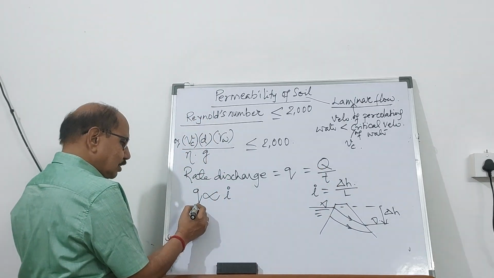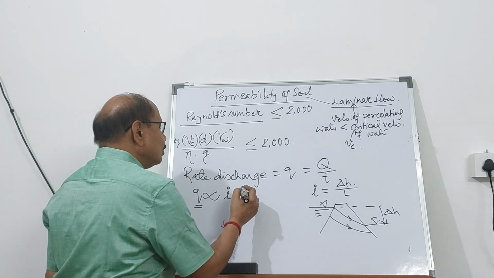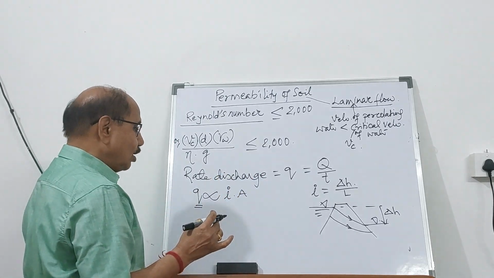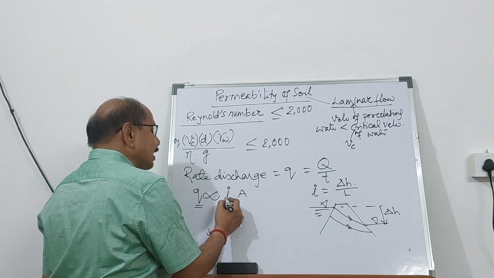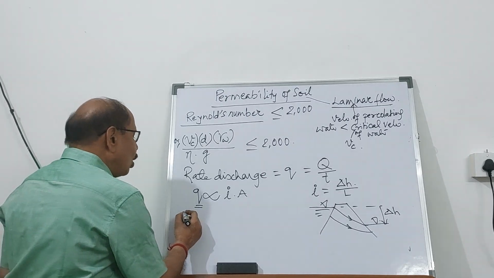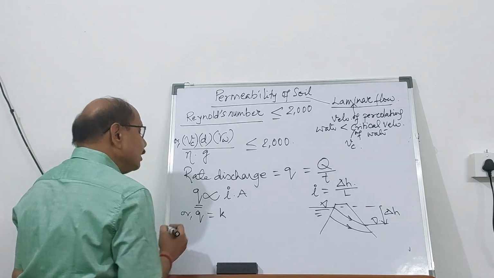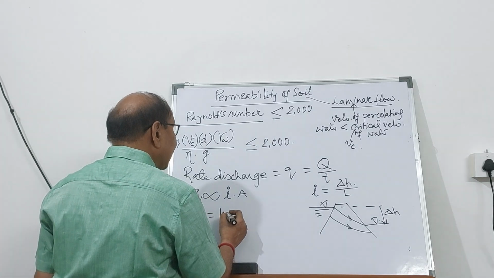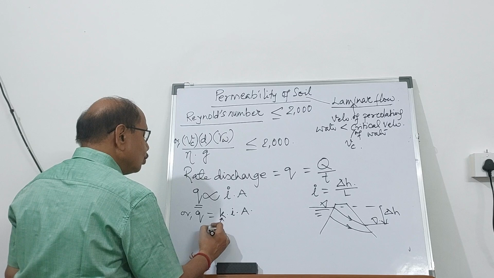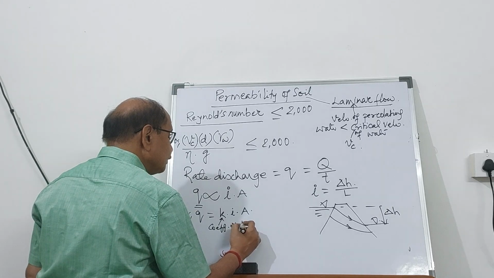So rate of discharge Q is directly proportional to I, and also it is directly proportional to the cross-sectional area of the soil mass. So I is the hydraulic gradient, A is the cross-sectional area of the soil. Or you can say the rate of discharge equals the limit of proportionality K into I into A, where K is called coefficient of permeability.